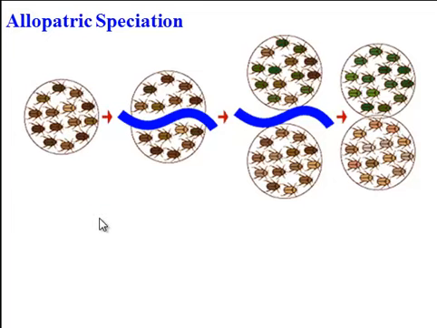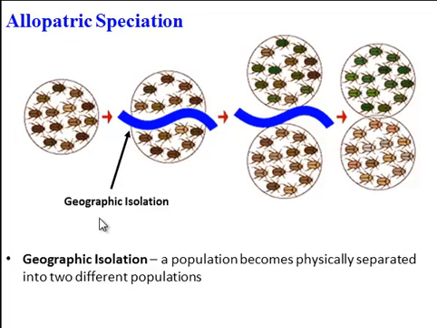The most common type of speciation is allopatric speciation. Allo means other, and patric refers to fatherland. So in allopatric speciation, we first have geographic isolation, where a population becomes physically separated into two separate populations.